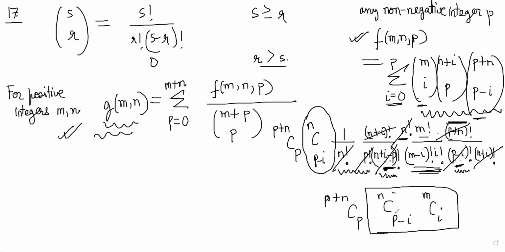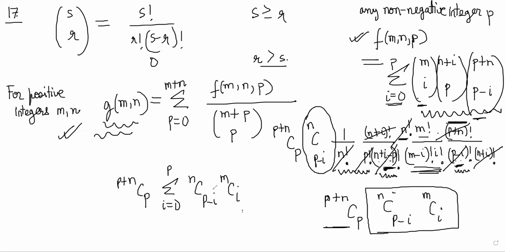So this is outside the summation now. We can say that P plus N C P comes out of the summation, and we have the summation of I goes from 0 to P, N C P minus I and M C I, right? Okay.